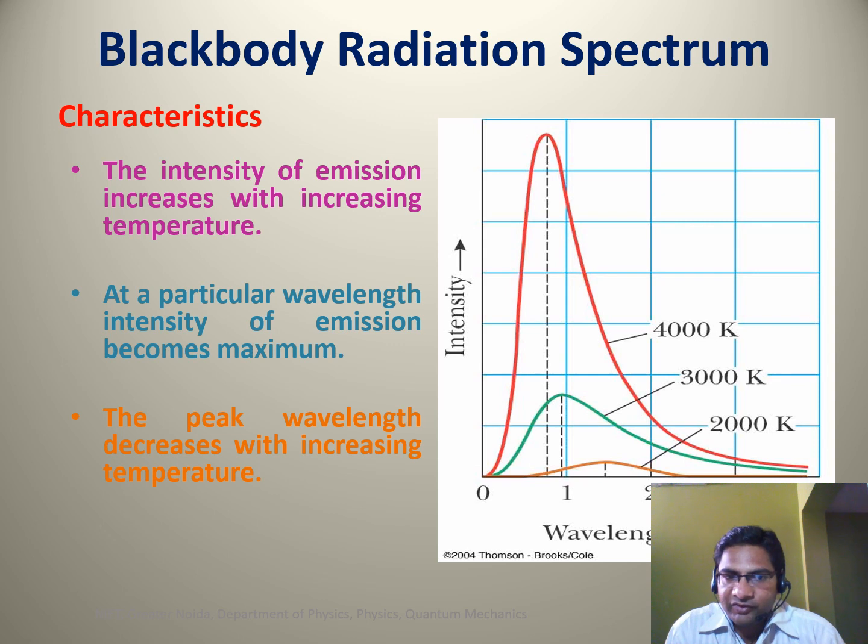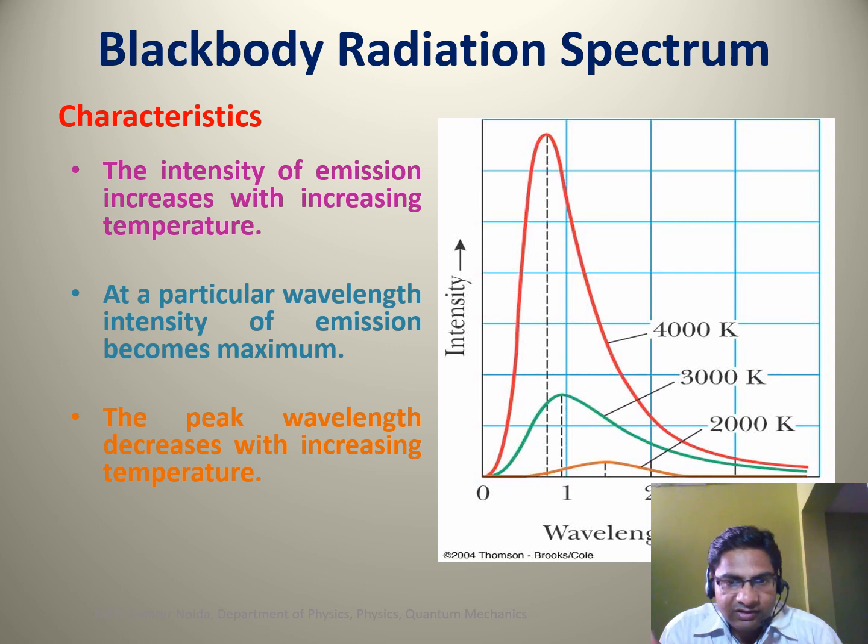Now further we see the peak wavelength decreases with increasing temperature. Just look at the curve which is plotted in orange. The peak value is at certain wavelengths. In the green curve, the peak value arises at a different wavelength. In the red curve also, the peak value arises at a different wavelength.